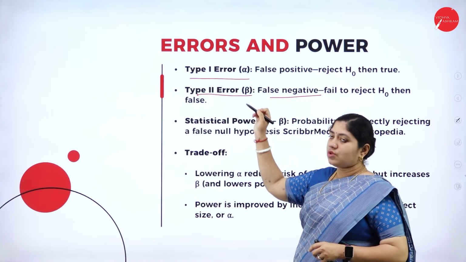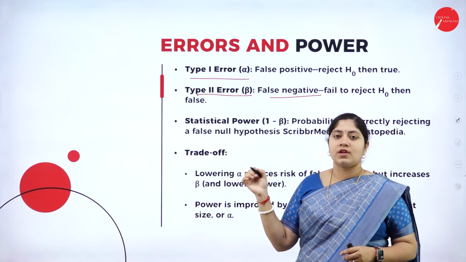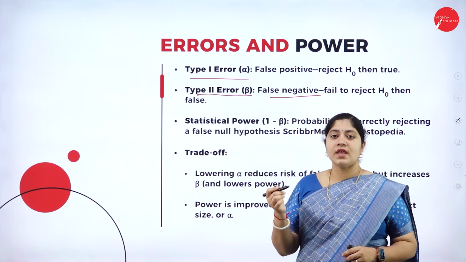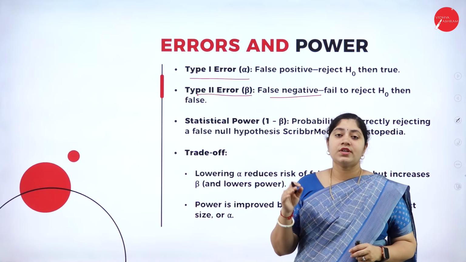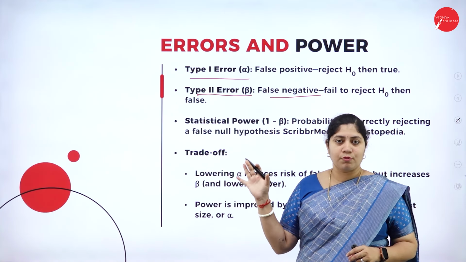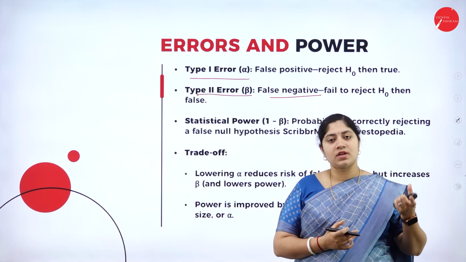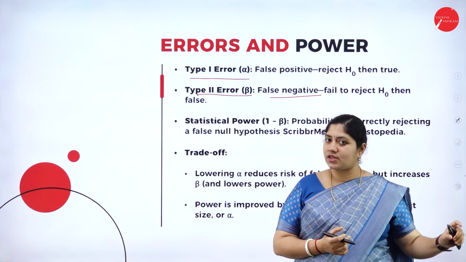So these are the two different types, alpha and beta, which are directly dependent on the null hypothesis. Consider rejecting the null hypothesis when it is true. Yes, I am rejecting the null hypothesis, but in truth the null hypothesis is correct.